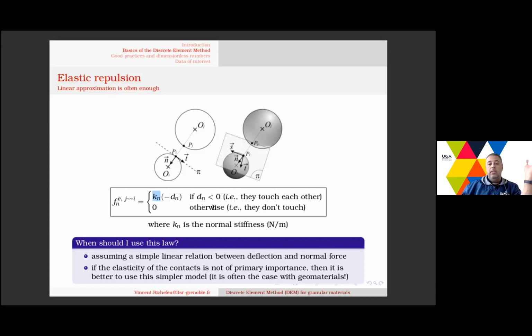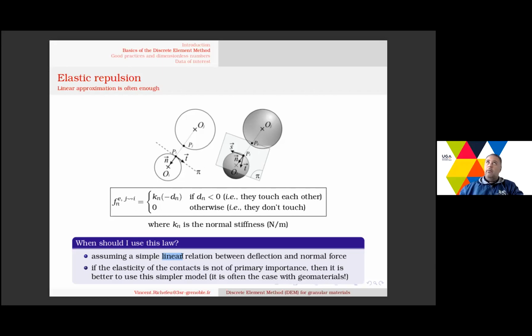Okay, this is the simple law of life, let's say. When should I use this kind of law? If I'm able to consider that a linear relation is enough. For instance, if we've got a Hertz contact, but the deflection is so small that we can consider that the relation is linear, we can use this law instead because the computation will be faster.